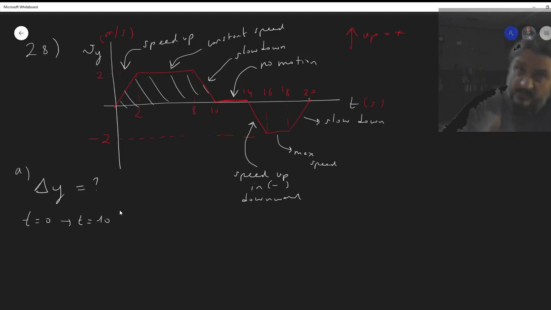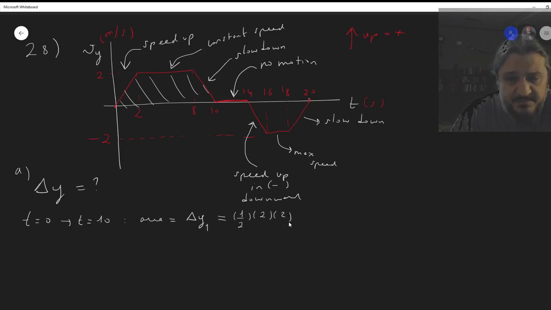So remember, you are going up in that interval, right? So in this interval, just simplifying the area. So we have two triangles and a rectangle here. So the area, which is delta y, I'm going to call it delta y1, because there's also a going down part, right? So delta y1 will be the first triangle, 1/2 times base, 2, times height, 2. This one. And then I have the rectangular part, that is 8 minus 2 is 6, right?